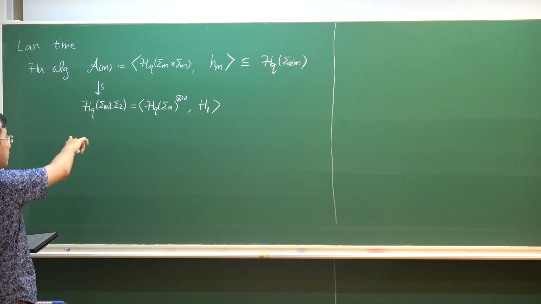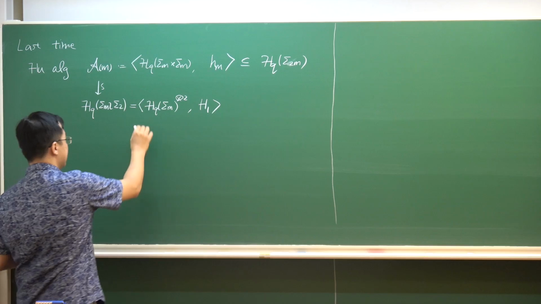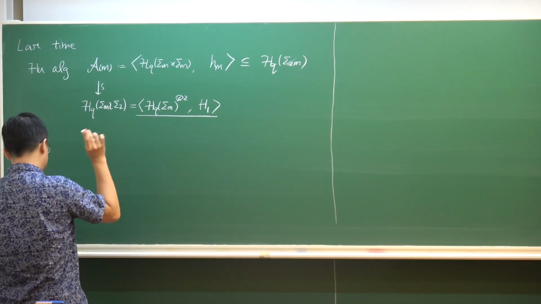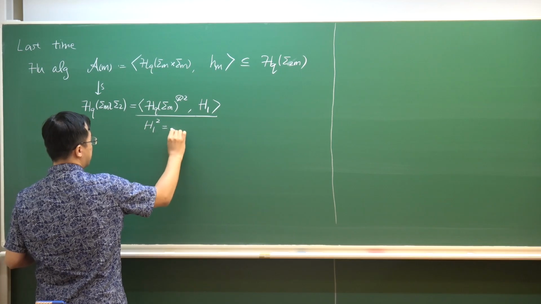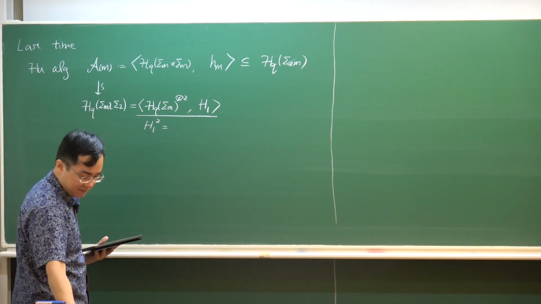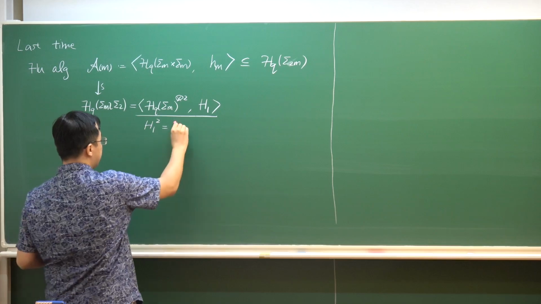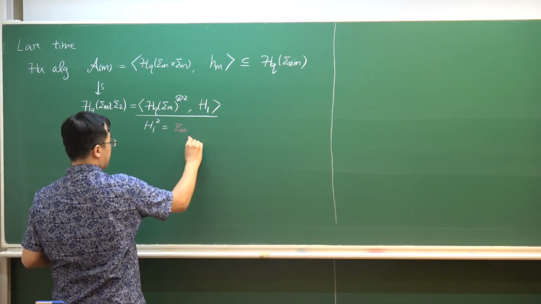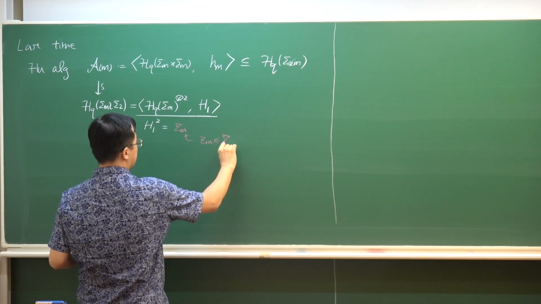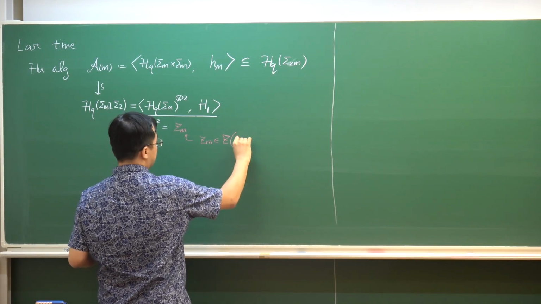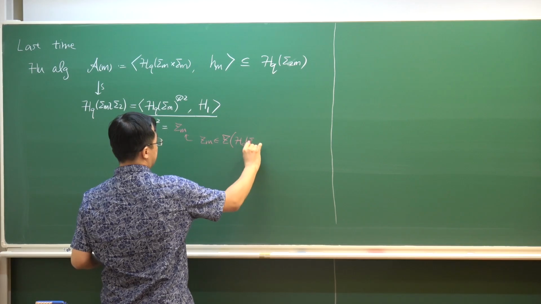The new algebra satisfies two relations. The first one is that this extra generator squares to some element in the center of the tensor product.